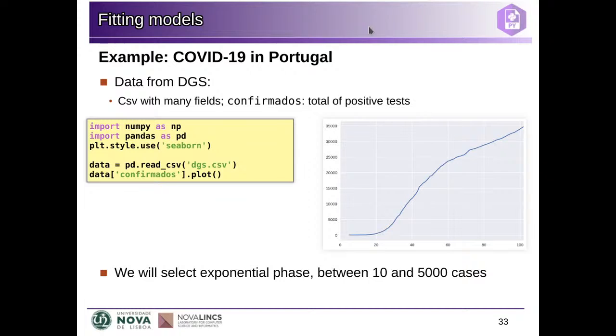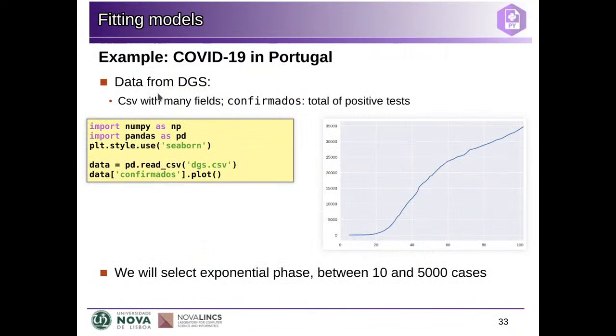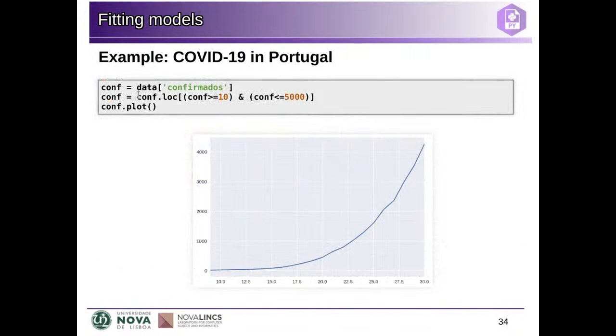We can select the initial exponential phase, so until we reach 5,000 cases. We can do that easily by, so we want between 10 and 5,000 cases. We can do it like this. We want from this column, so first from the data, we get the column of all the confirmed cases.